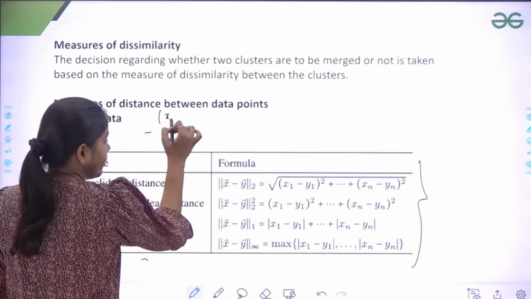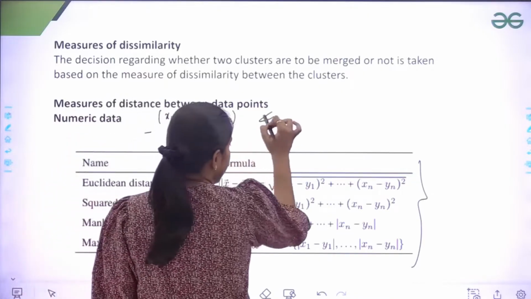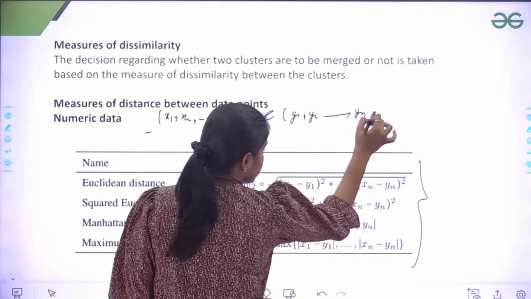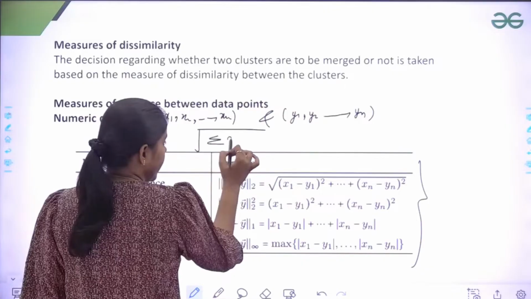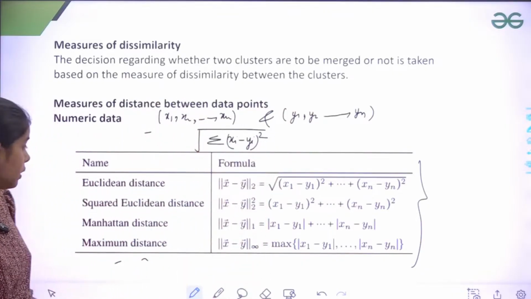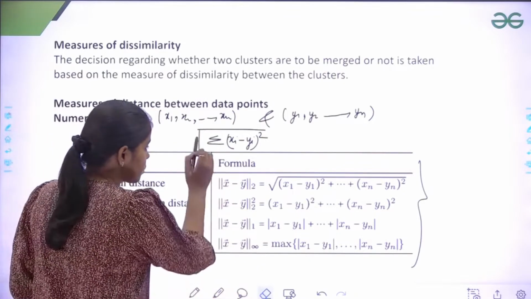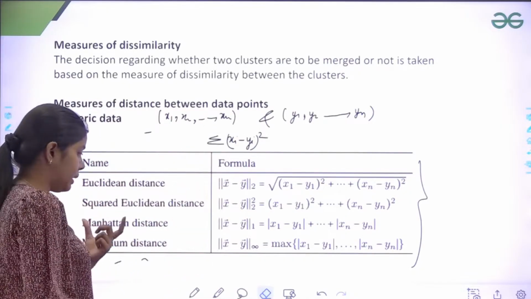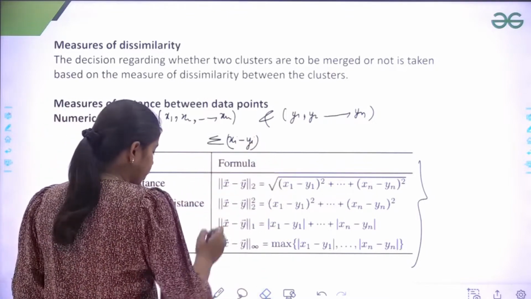Let's suppose we have one point x1, x2, ..., xn and a second point y1, y2, ..., yn, because points can be n-dimensional. The Euclidean distance would be the square root of the summation of (xi minus yi) squared. For squared Euclidean distance, just remove the square root, that means we take the square. If I talk about Manhattan distance, I just remove this square and take a modulus here.